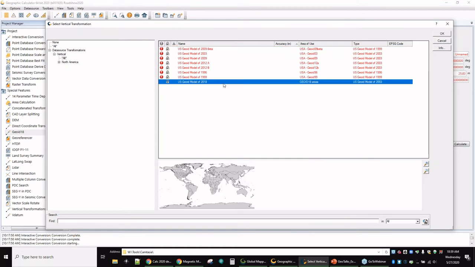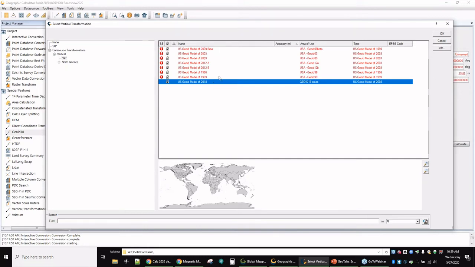You'll see I've downloaded the Geoid Model of 2018. The reason I only have that one on my machine at this point is because this is the new survey standard. So folks working with vertical datum information that they need to report officially for surveying purposes, the Geoid Model of 2018 is the current survey standard and best practice to get to our North American Vertical Datum of 1988.